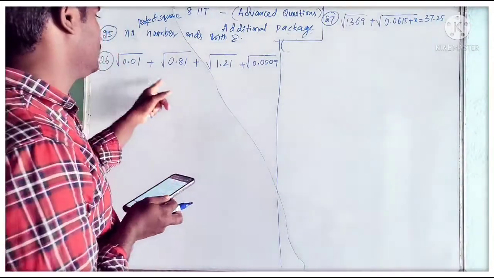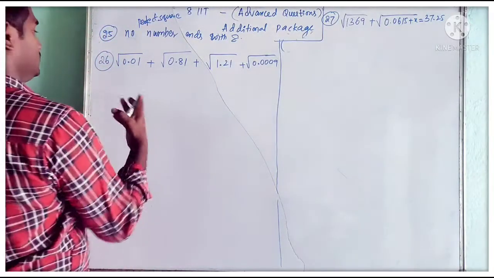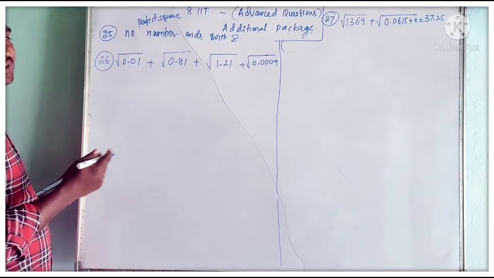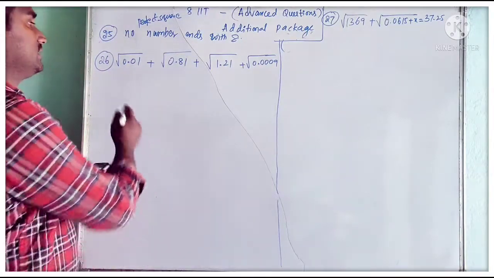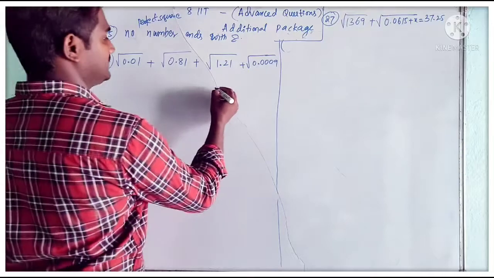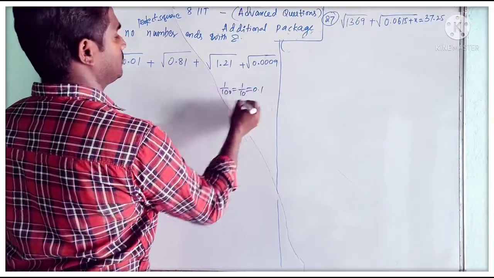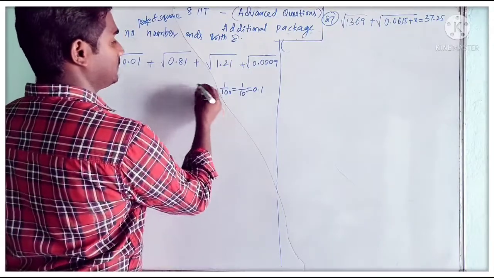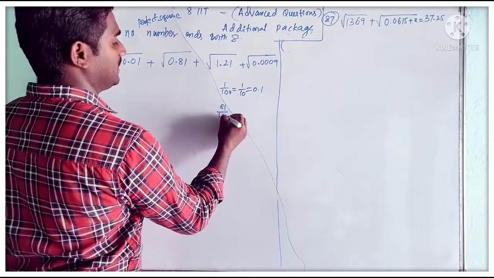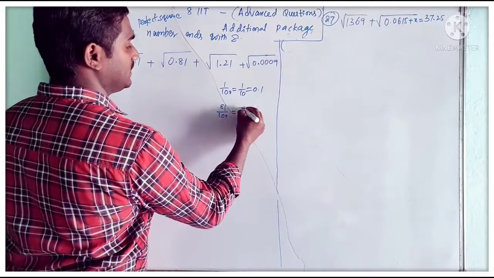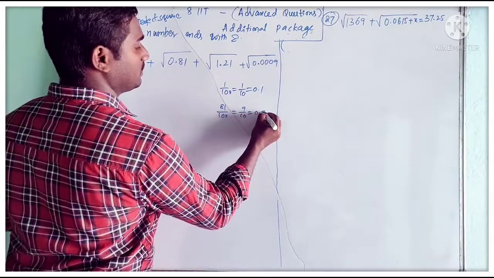Okay. Question number 26. We need to find the value of these numbers. So 0.01, we can simplify that. 0.01 we can write as 1 by 100. Square root of 100 is 10, so it is 1 by 10, which is nothing but 0.1. 0.81 we can write as 81 by 100. Square root of 81 by 100 is 9 by 10, which is equal to 0.9.